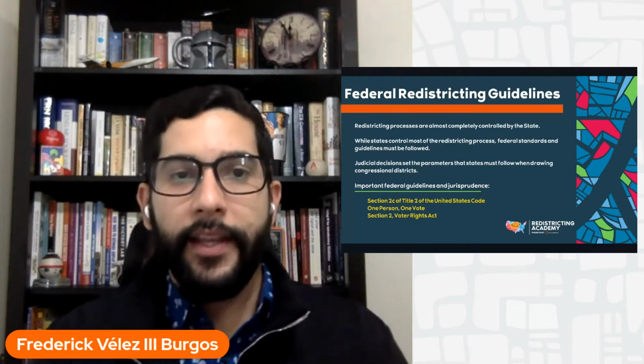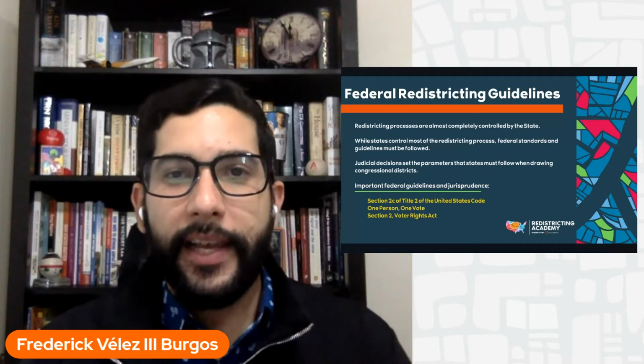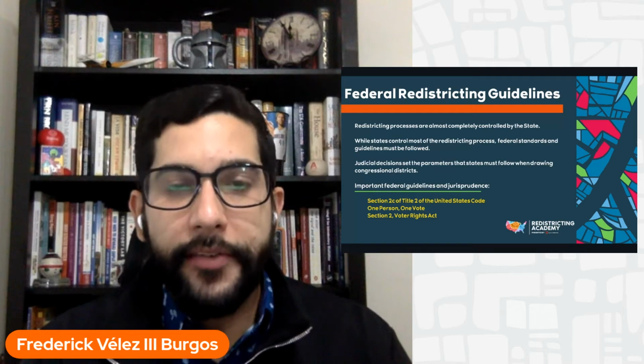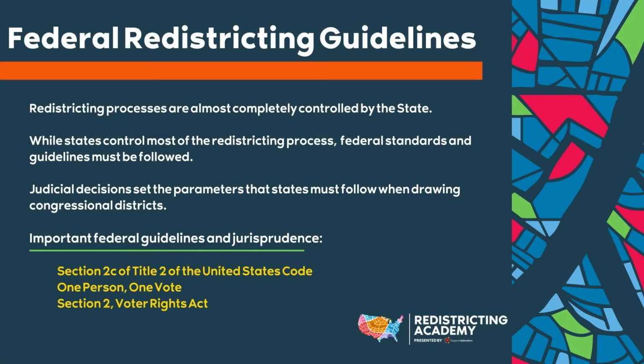The first thing that we need to learn is that, just like electoral rules, laws and regulations, the redistricting process is almost completely controlled by the state. That's very important. Also very important to know is that while states control most of the redistricting process, they still have to follow some federal standards and guidelines.